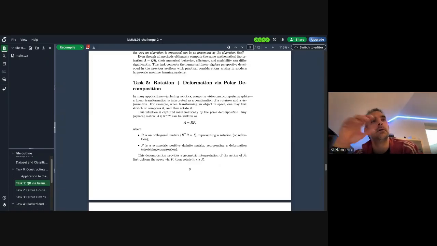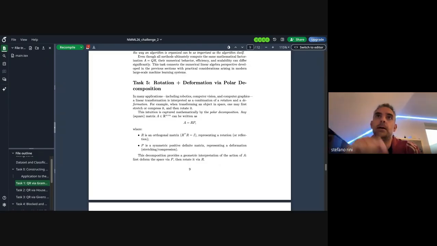Because you can imagine that you have an element in 3D, with a certain orientation in space. From your graphics engine, you know the perspective deformation and the orientation of the object, and you want to apply these two operations separately.